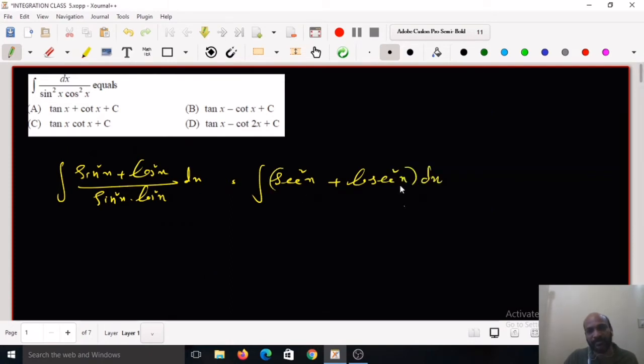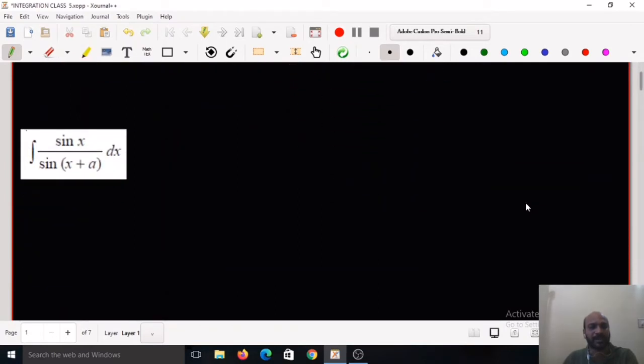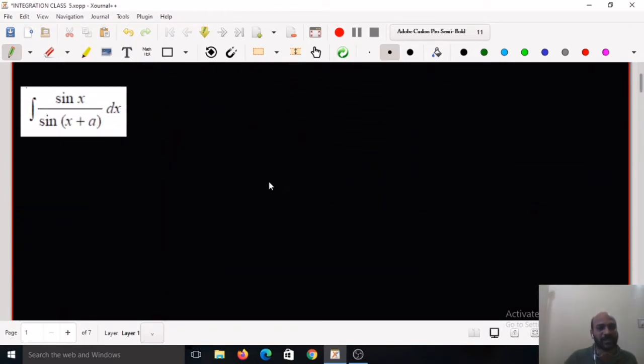These are two standard functions. Integration of sec square x is tan x, and integration of cosec square x is minus cot x. So the answer is tan x minus cot x plus c. That is option B.